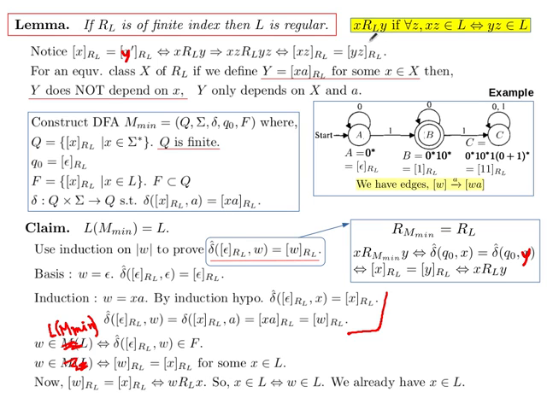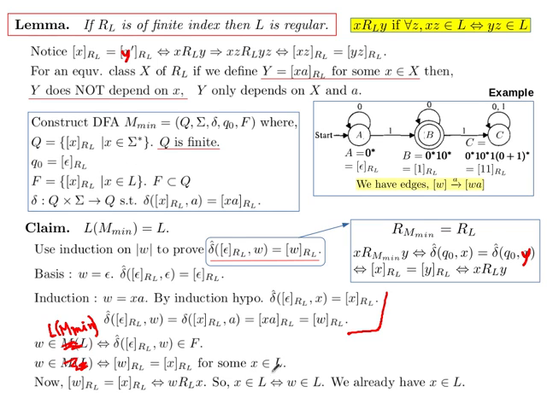And what was the definition for this? If you go back here, they are related via RL if for all z, xz is in L if and only if yz is in L, right? So here you just take the special case of z equal to epsilon. If you take z equal to epsilon, that means x is in L if and only if y is in L, right? But this x is already in L, so this is how we defined this thing.